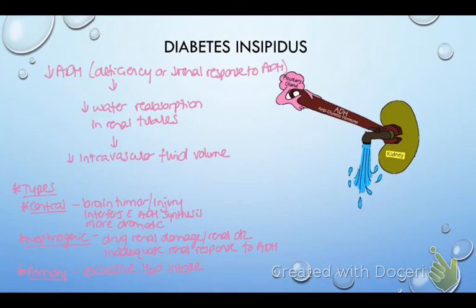So it can be central from a brain tumor, head injury, anything that kind of messes with the head, brain surgery, that messes up how ADH is synthesized, how it's made. Nephrogenic means that there's something wrong with the kidneys. ADH is being produced fine, but the kidneys aren't responding to it. Primary is from excessive water intake.